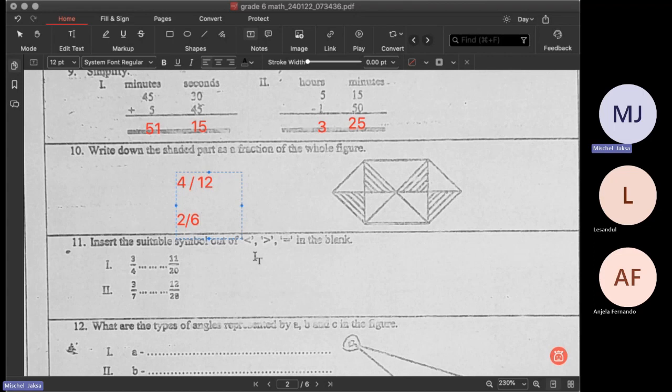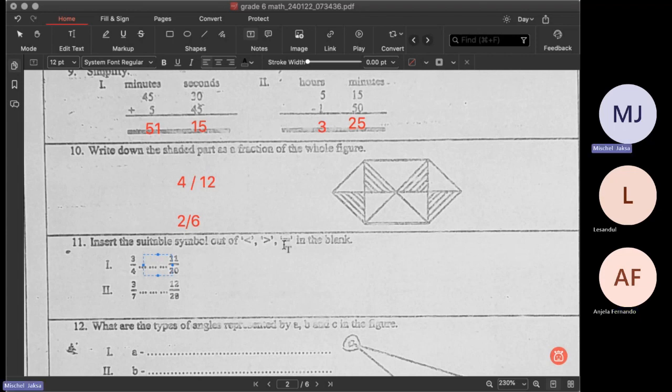Insert the suitable symbol out of greater than, less than, and equal in the blank. What about this one? First one? Miss, 3 over 4 is greater than 11 over 20.